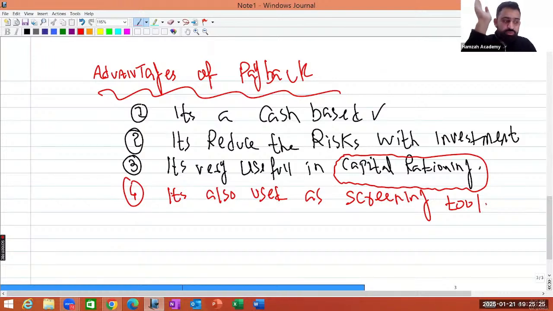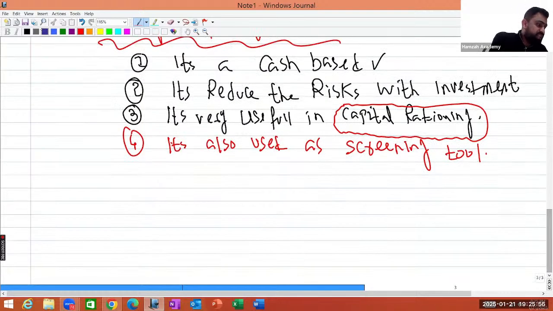So if any project fails this criteria, they do not apply other methods or methodologies to decide whether that project should be accepted or not. So it is also used as a screening device to set aside the projects which the company does not want to do. So these are some advantages of payback period, but it also has some disadvantages as well.